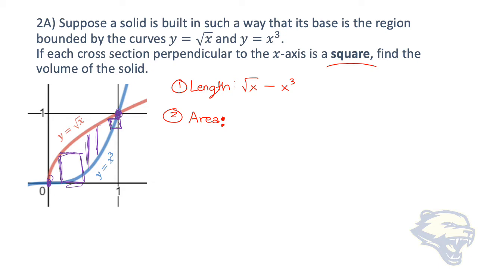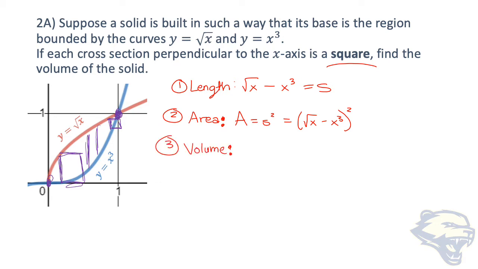But our cross sections are squares, and the area of a square is just s squared. This time that side length s is root x minus x cubed. So we plug it in for our side length into the area, because we want our area to be in terms of x. So it's going to be the quantity root x minus x cubed, all of that squared.